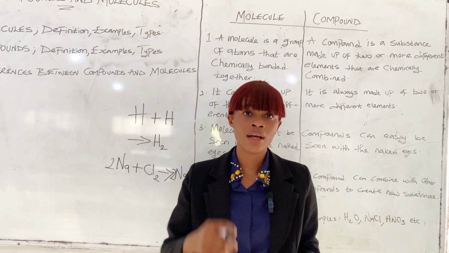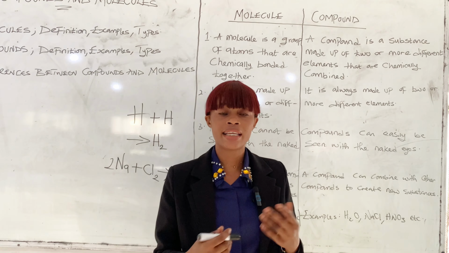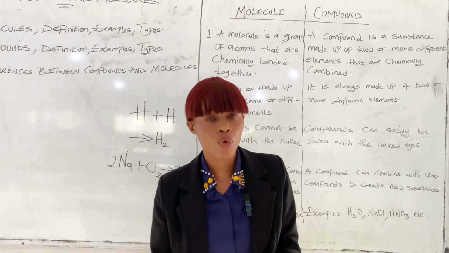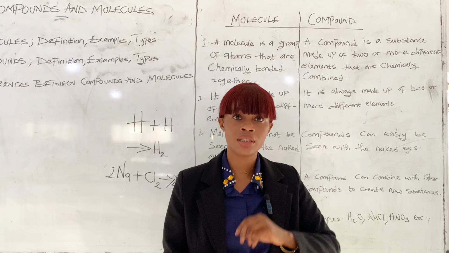But a molecule can have two different elements present, like in the case of water. Water can also exist as a molecule. Okay, so that is the difference. So take note, a compound can be a molecule, but a molecule cannot be a compound.